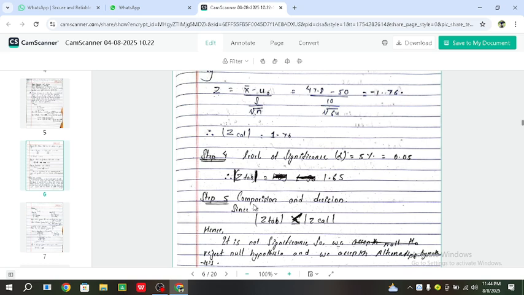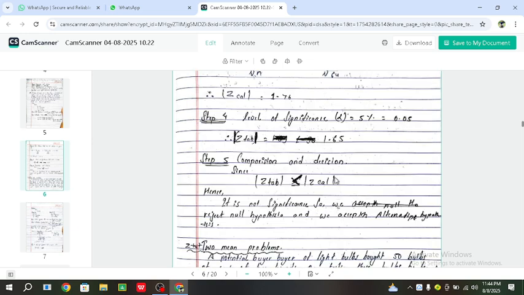Now step number 5 is so easy: compare and search which one is greater. Absolutely, z calculated is greater than z tabulated. This is the comparison and discussion, and we have to write it as I already told you in the first video.